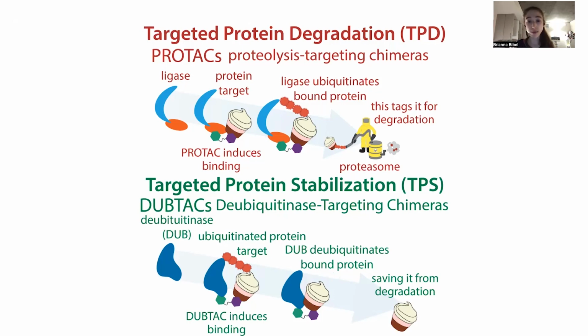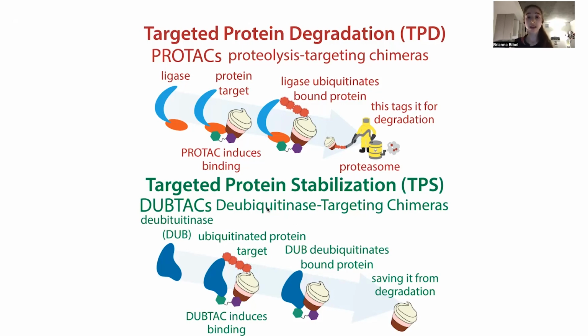But anyway, you want more of it. You want to keep it around, and so you could let it survive by removing that ubiquitin before it actually gets to the proteasome. And so this is the idea behind TPS and DUBTACs, so deubiquitinase targeting chimeras, targeting these proteins that are actually going to remove the ubiquitin.